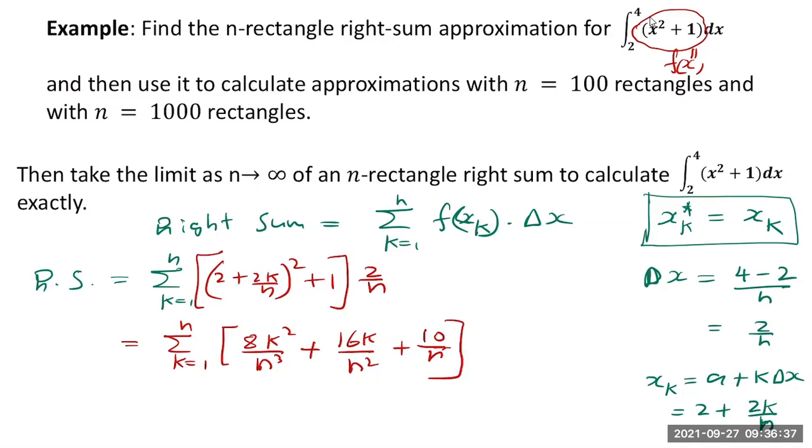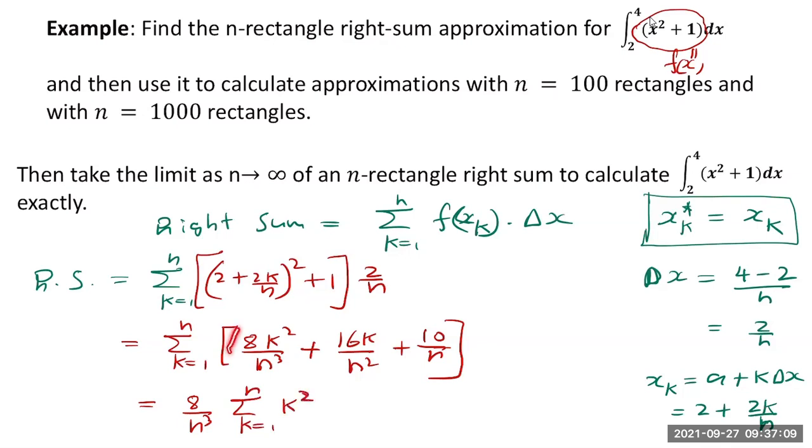Now I'm going to distribute this sigma notation inside the parentheses. I can do that using one of the summation rules that we learned in section 4.1. If I send the sigma notation over to this expression, then you get 8 over n cubed times sigma k goes from 1 to n of k squared.